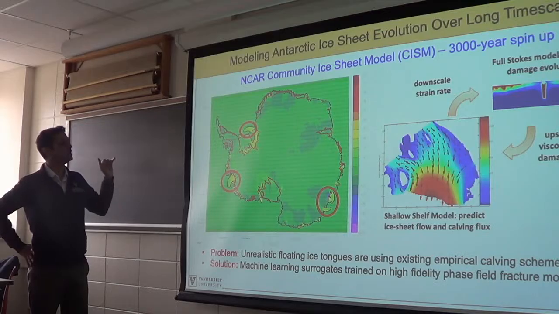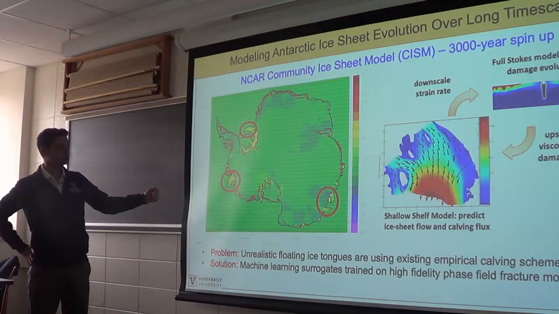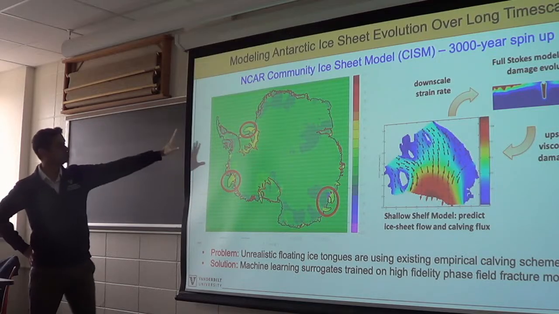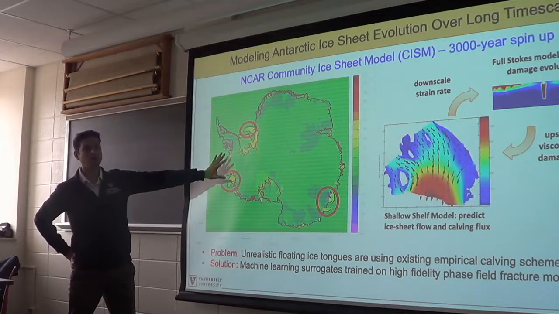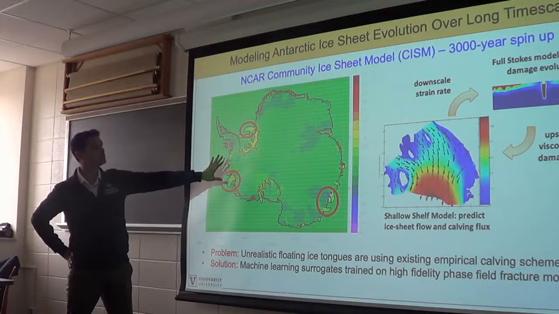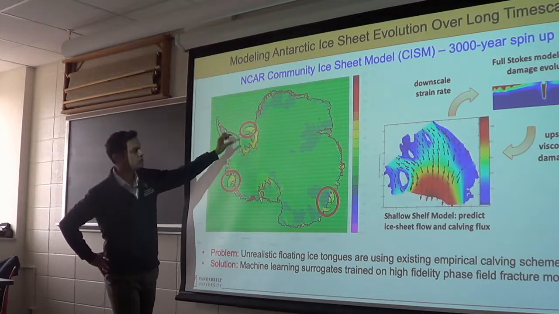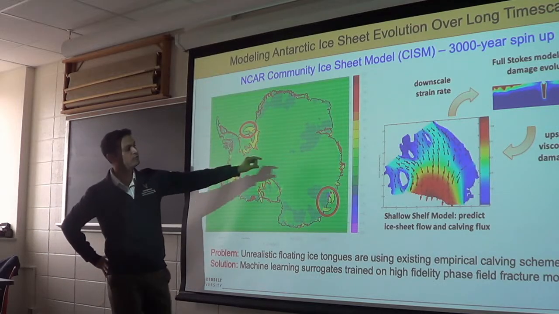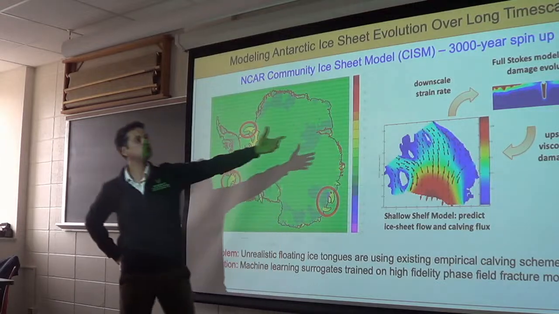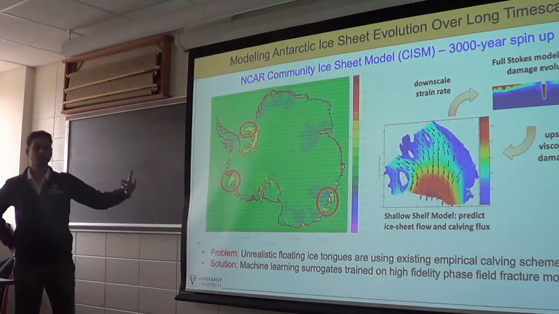So there is a need for us to do better than existing calving laws, which are empirical. The original idea was that you use maybe a 4 kilometer by 4 kilometer rectangular grid on this, and then you can take that subgrid scale, and within that subgrid scale, you can do a full Stokes type simulation.